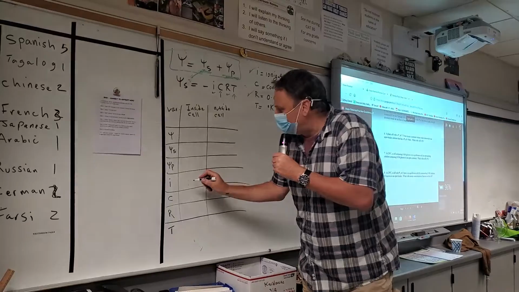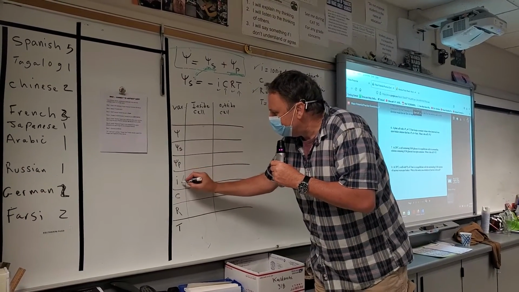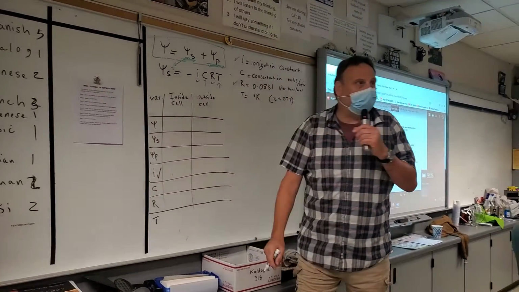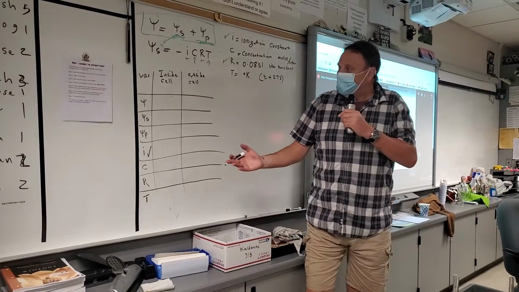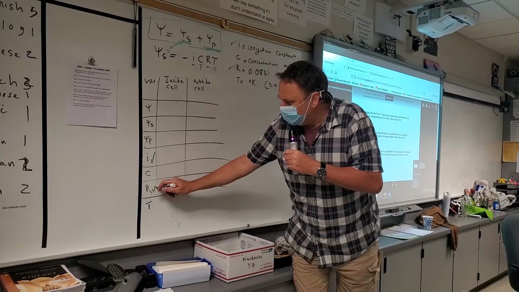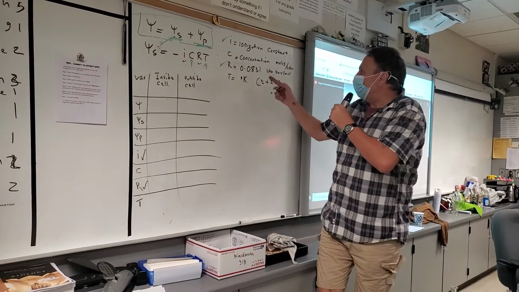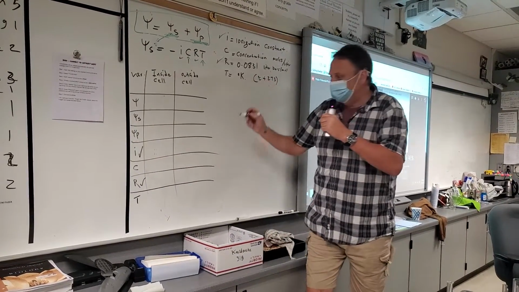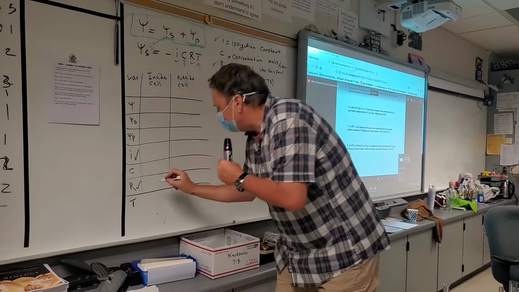I don't have to worry about this, I get this from the story, from the narrative. What else do I have that's a given? This one right here, R. R is a constant. It's always 0.0831. That's written down over here.